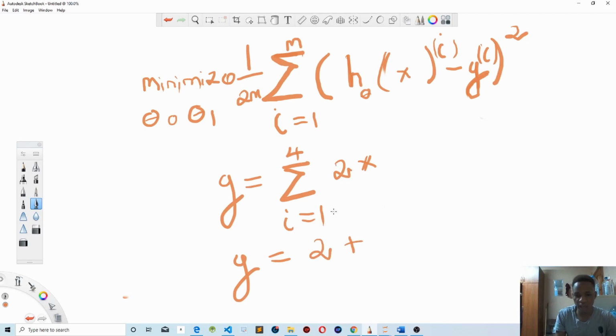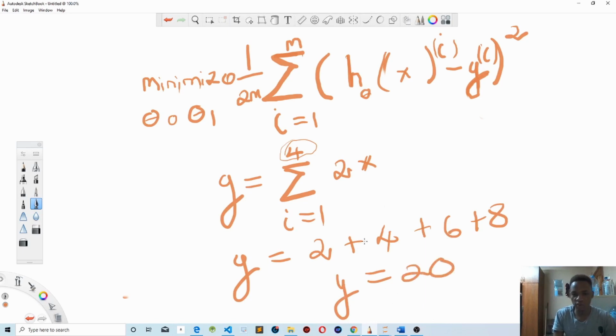When i is 2, it's going to be 4. When i is 3, it's 6. When i is 4, it's 8. So we sum from i equals 1 up to the maximum, when i equals 4. The total summation in this case is 2 plus 4 plus 6 plus 8, which is 20. So y is equal to 20. That's what this summation sign represents.